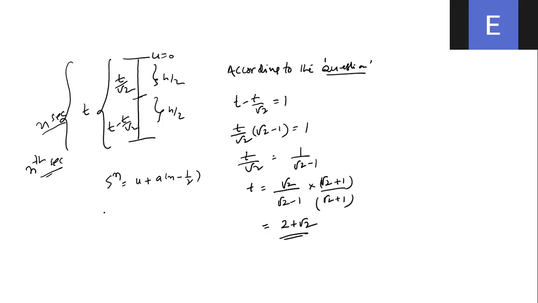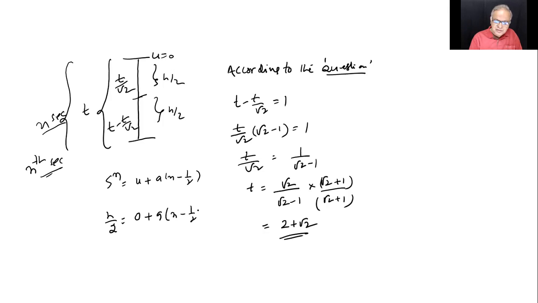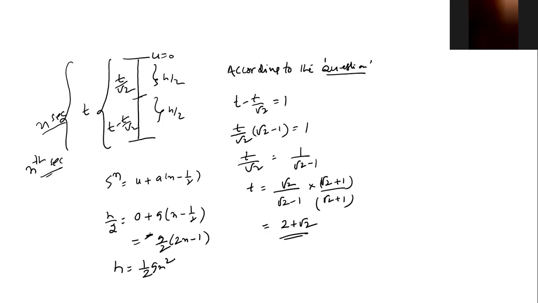So I can write h by 2 equals u 0 plus g into n minus half, that is g by 2 into 2n minus 1. But if it fell for n seconds, you can also write h equals half g n square.